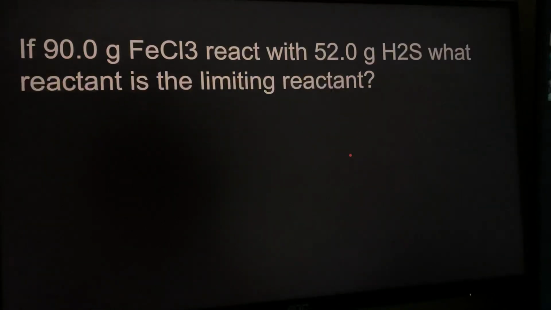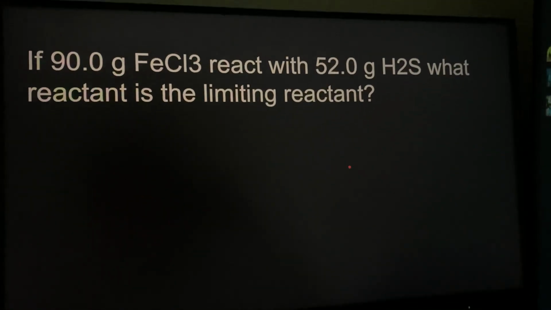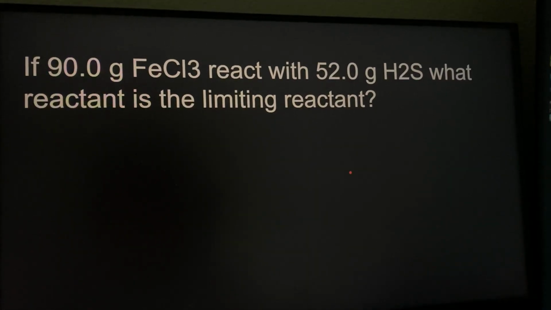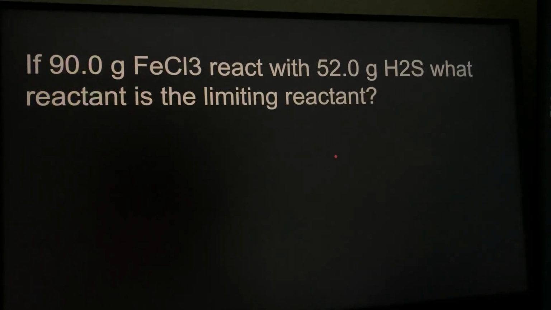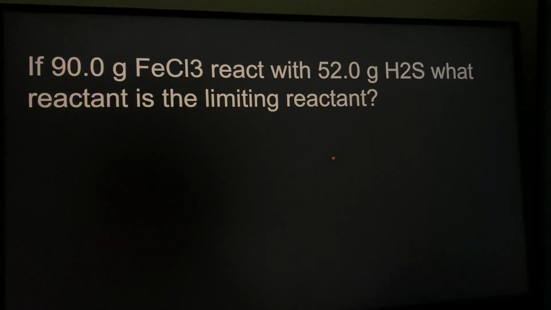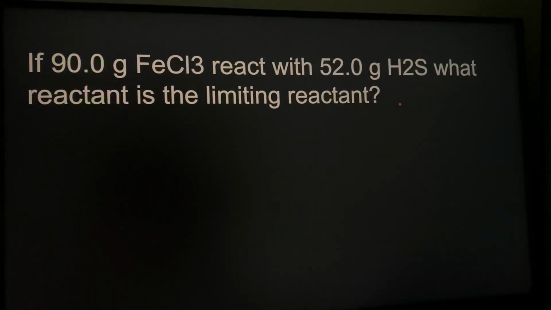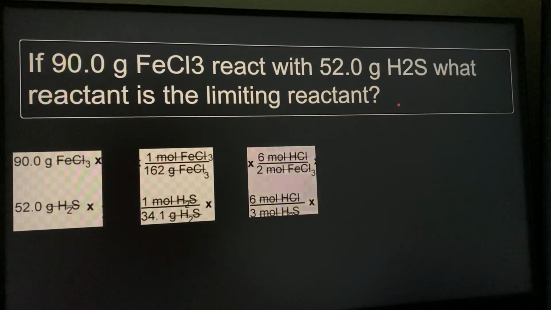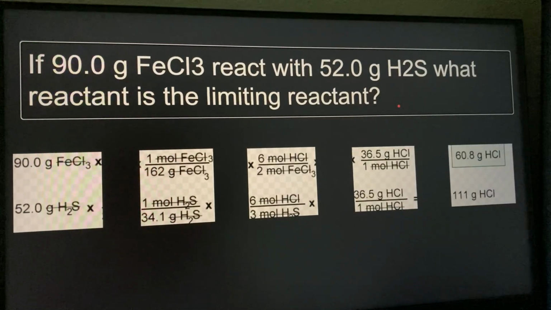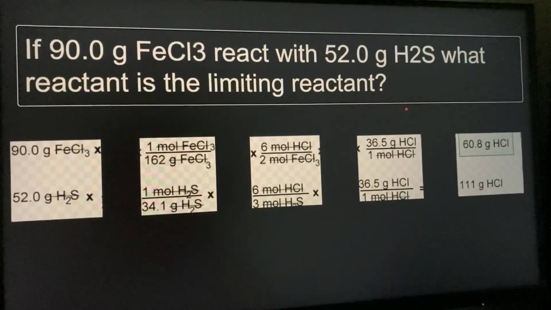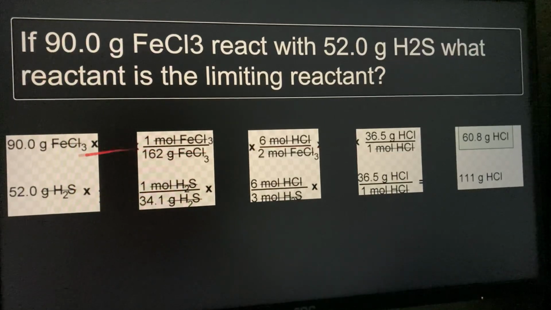Alright, for problem number 1: if 90 grams of FeCl3 reacts with 52.0 grams of H2S, what is the limiting reactant? We have our 2 givens in mass, and we're going to see, like last time, which one would produce more.